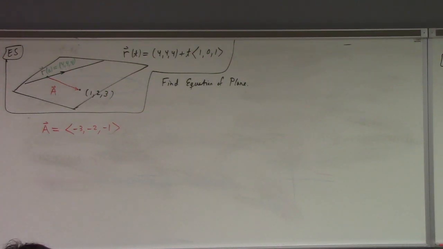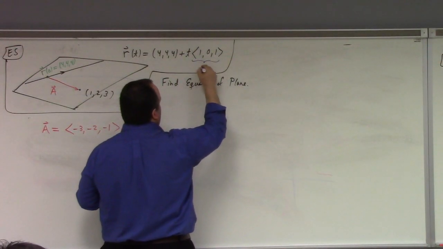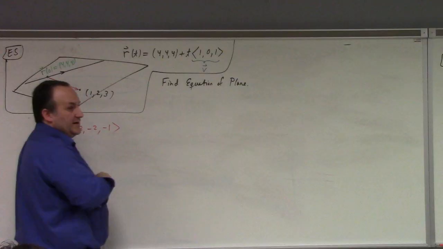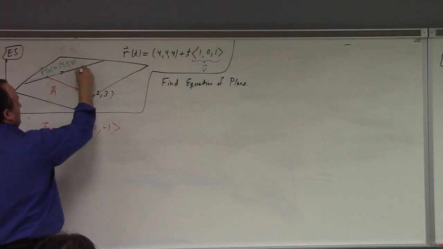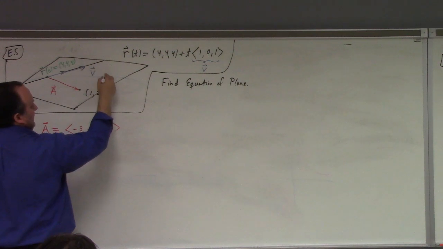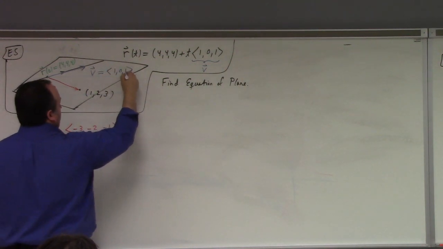What's the direction vector of the line and how should I picture it? You can look at this, right? The direction vector is by inspection this. This is the velocity, actually, of that path, right? So V is like this, and I don't need to do further calculation. I can tell you already it's 1, 0, 1.